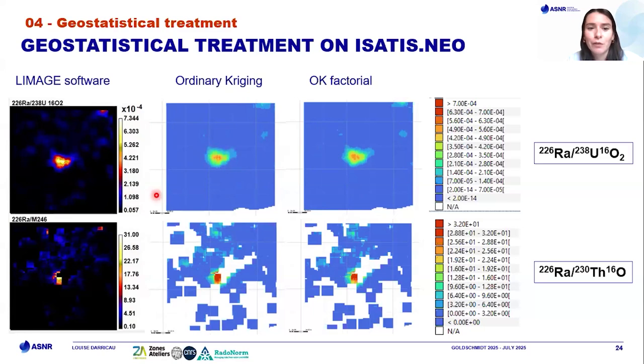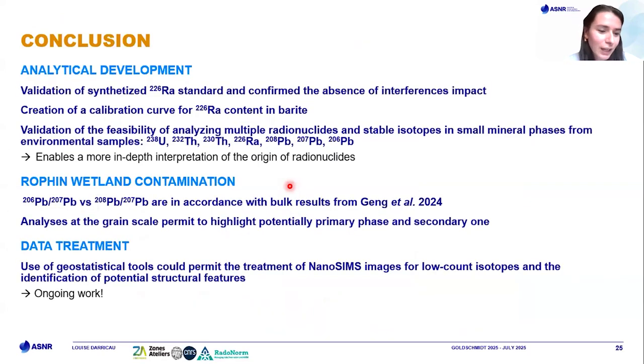So for interpretation of the data, it's not really good for us as geochemists. We want to have the least uncertainty on the ratio to be able to tell something on what happened in this environment. But it's still ongoing work, so I hope we can find something that really will work for us. And I'm going to conclude for this work.